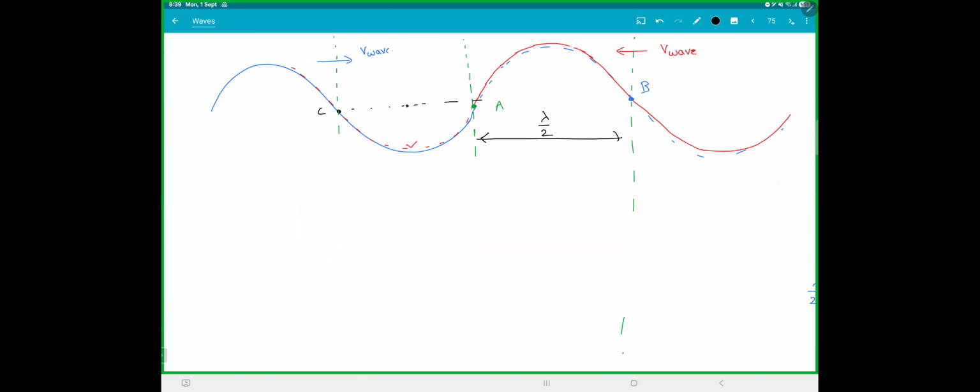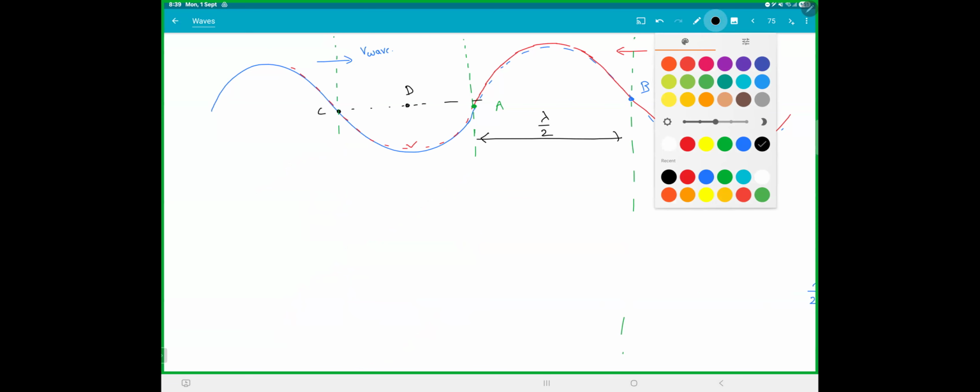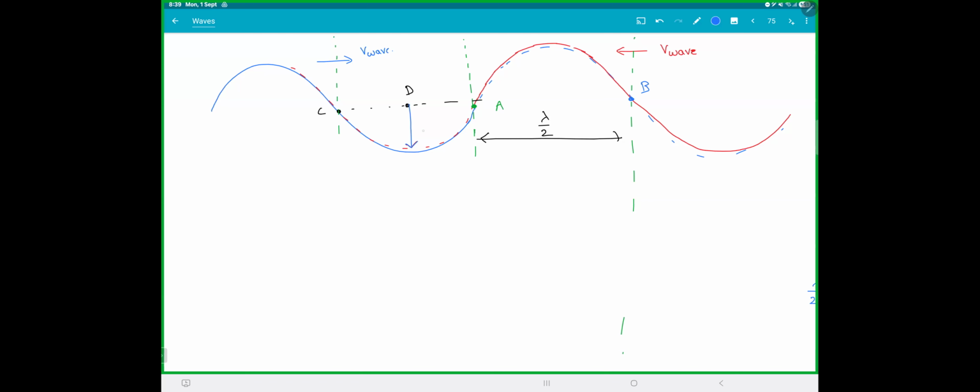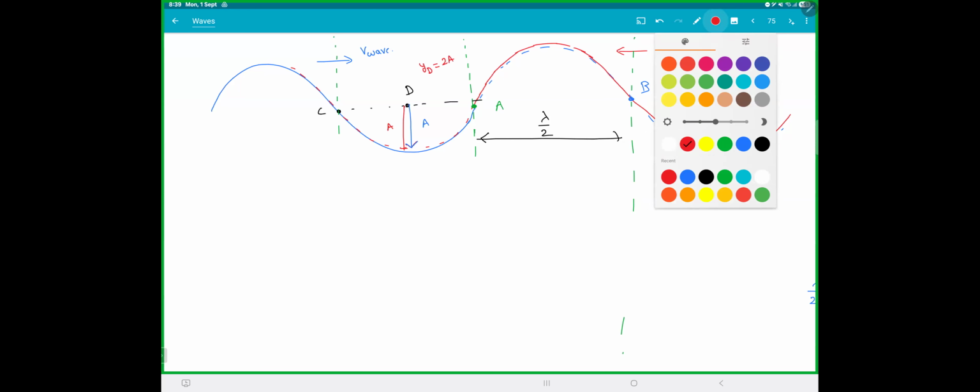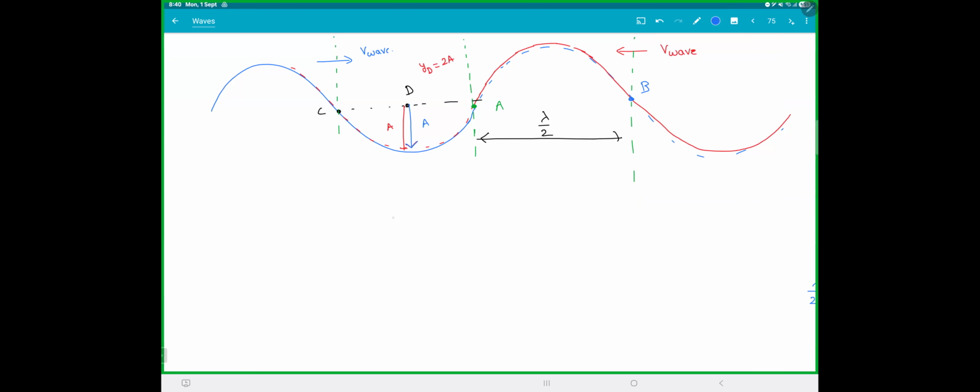Now, if you look at this point here, D in the middle, you'll observe the blue is pushing it down by amplitude A. The red is also pushing it down by amplitude A. So at this point, the displacement of D will be 2A. It goes to double the displacement. And if you wait for some time, you will notice you will get a possibility like this.